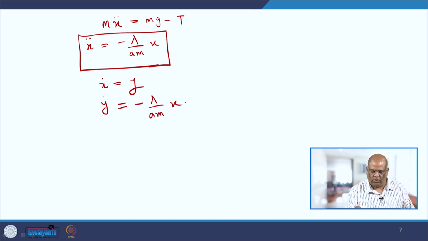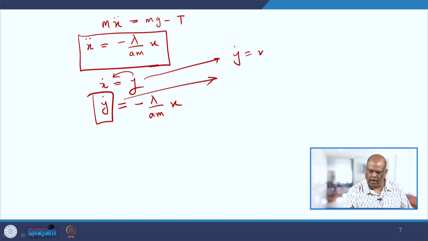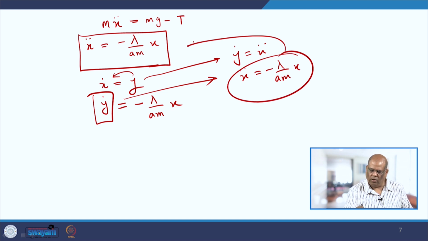If I substitute y dot from here, it is x double dot. So, you get x double dot equal to minus lambda by am into x, which is nothing but the original equation. So, this original equation can be written as a system of first order equations.